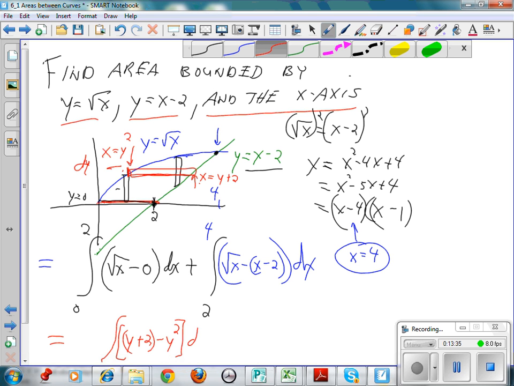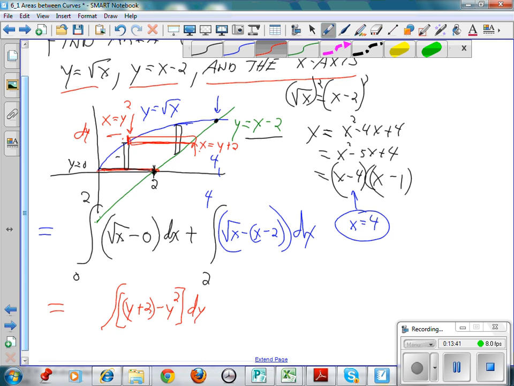So if I put in dy here, now the trick is, what am I integrating from? What are my limits? Don't forget, y equals what? Y equals 0. It goes from y equal to 0 up to this point here. What's y? Well, remember, this value here is 4. When you put in a 4, you get a 2. So this is y equal to 2.